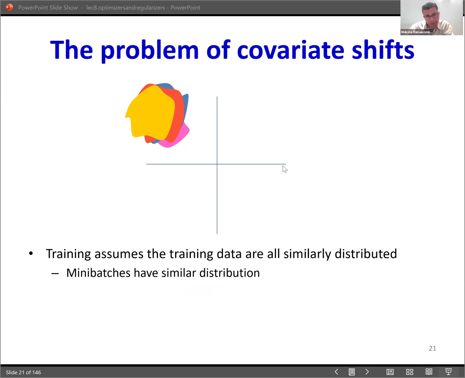Now, here's another problem. We work with mini batches because that's most convenient. What is the assumption that we make when we work with mini batches? There was an implicit assumption that I made. What was that? Anybody know this?